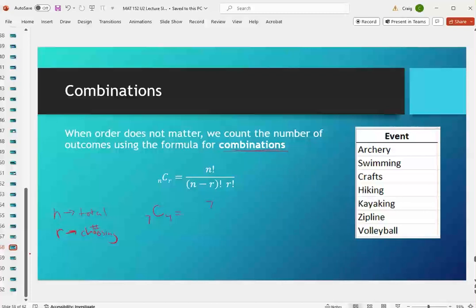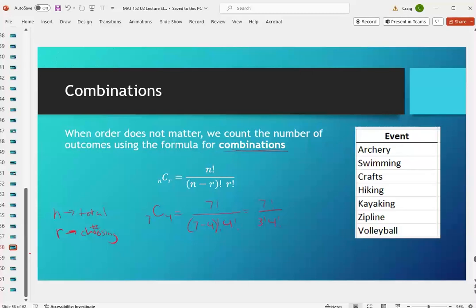And so that's 7 factorial divided by 7 minus 4 factorial times 4 factorial. So that's 7 factorial over 3 factorial times 4 factorial. Notice the parentheses here, subtract first.